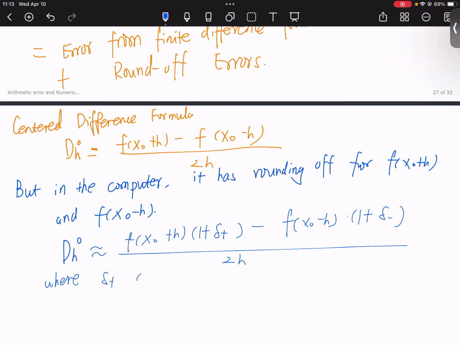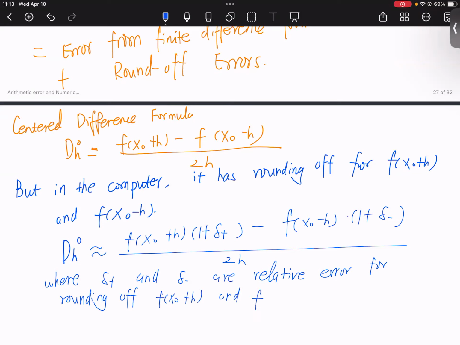The delta plus and delta negative are the relative errors for the rounding off of f(x0 plus h) and f(x0 minus h). And delta plus and delta negative are smaller than epsilon, and epsilon, as we also mentioned in chapter 5, is the machine precision.